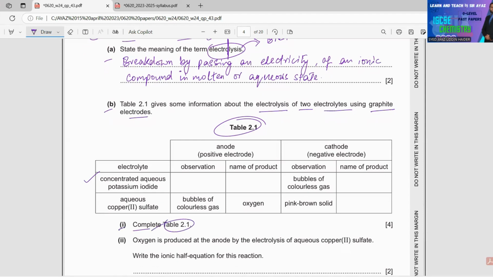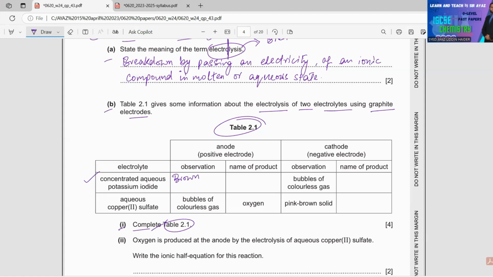Now we need to complete this table. So for the electrolyte concentrated aqueous potassium iodide, the observation at anode must be due to the formation of iodine. This is concentrated. That's why iodine will be produced due to the higher concentration of iodide ions. So solution will turn to brown or black solid.